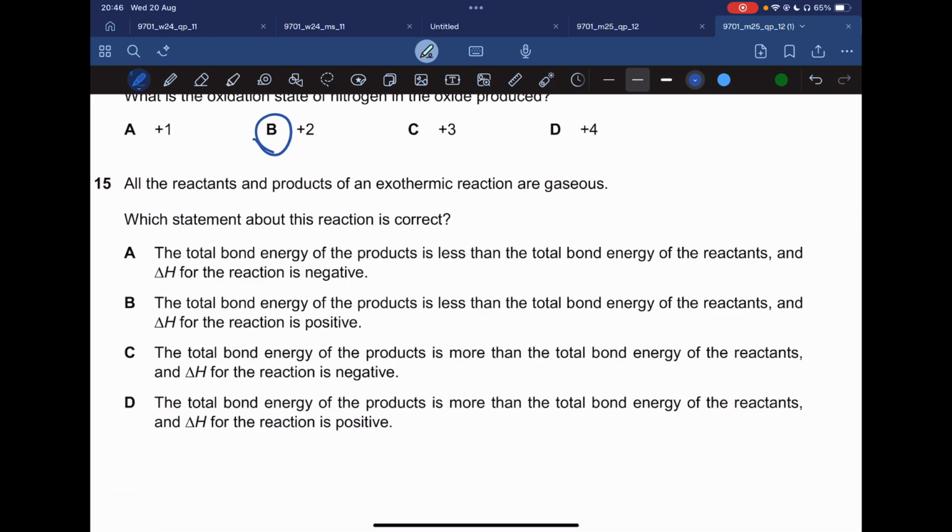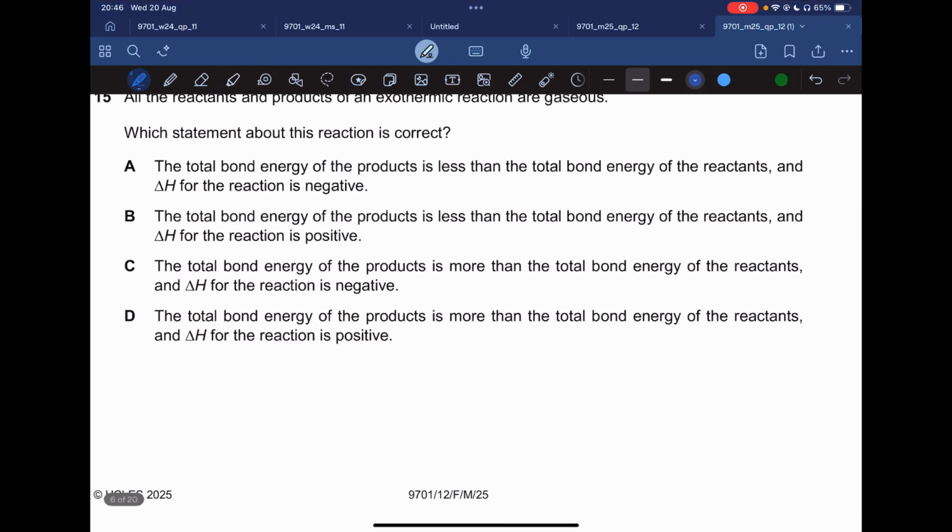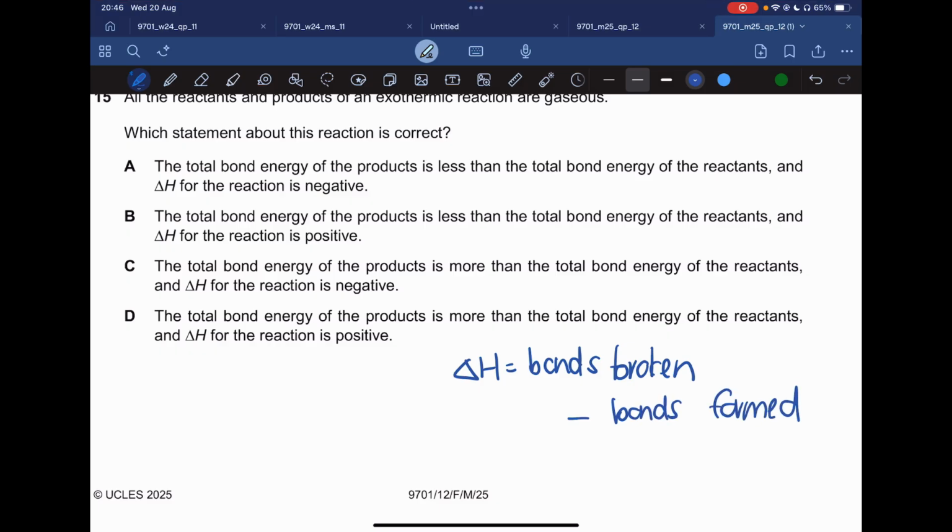All the reactants and products of an exothermic reaction are gaseous. Which statement about this reaction is correct? Obviously it's about bond energy of products and bond energy of reactants. So we're looking at delta H equals bonds broken minus bonds formed. This is the energy of your reactants, and this is the energy of your products.